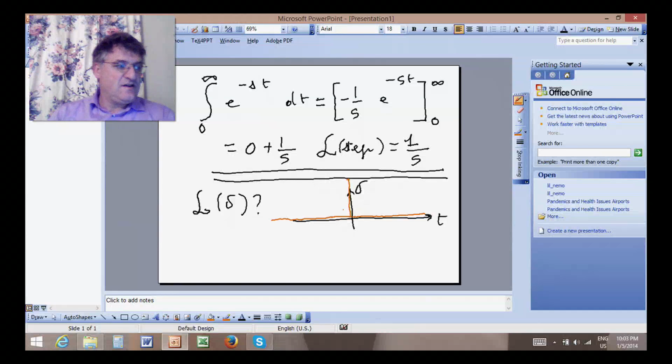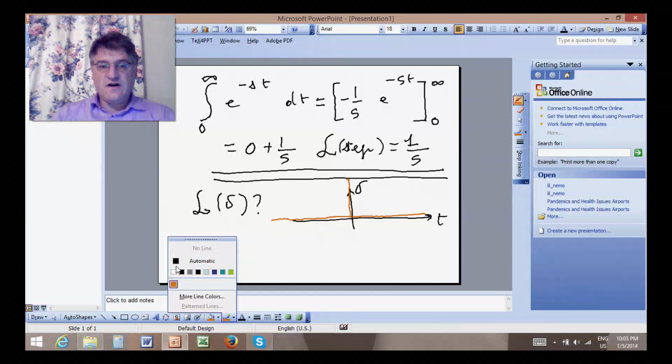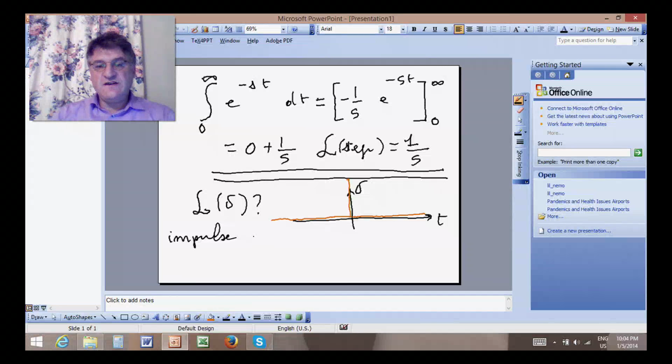In fact, it is pretty hard to define an impulse by means of a function itself. It's not really a function, it's called a distribution. And it is easier to define an impulse by the way it acts on a function.